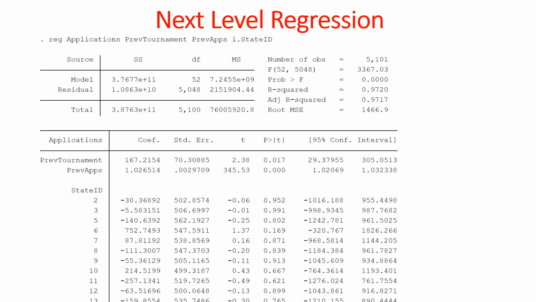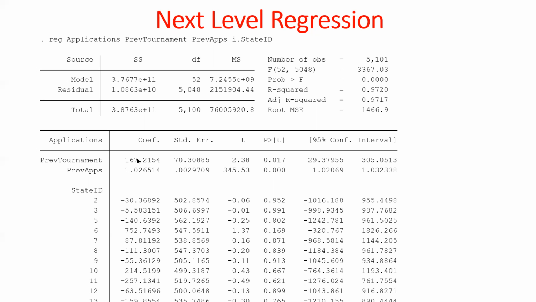Right? So what I'm able to do there is say, holding constant the state I'm in, so two universities that are within the same state have the same number of previous applications, but one of them made a tournament, we would expect them to see about 167 additional applications. Okay. And we could do some other fancy stuff to think about this as what's the percent increase in applications for universities of a certain size.